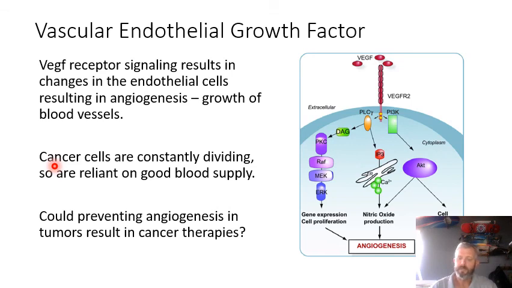Many times you'll see in cancer cells there is a rich blood supply to them. So what you're going to be looking at is, can you use a drug to affect the VEGF signaling to maybe treat cancer, limiting the tumor growth?